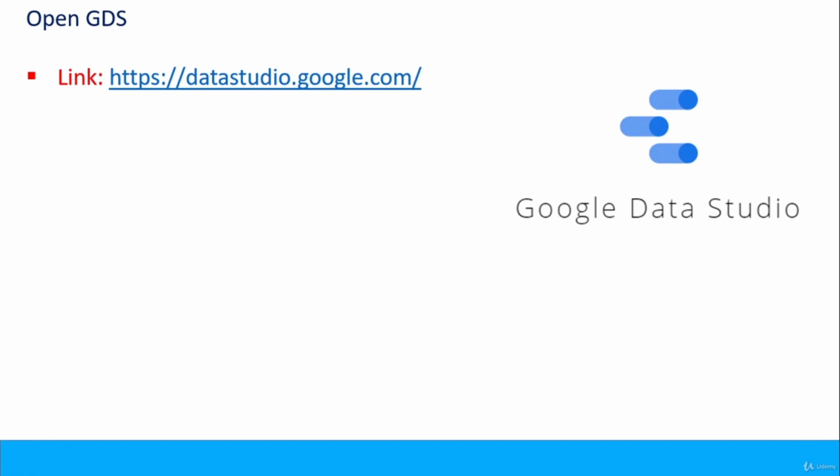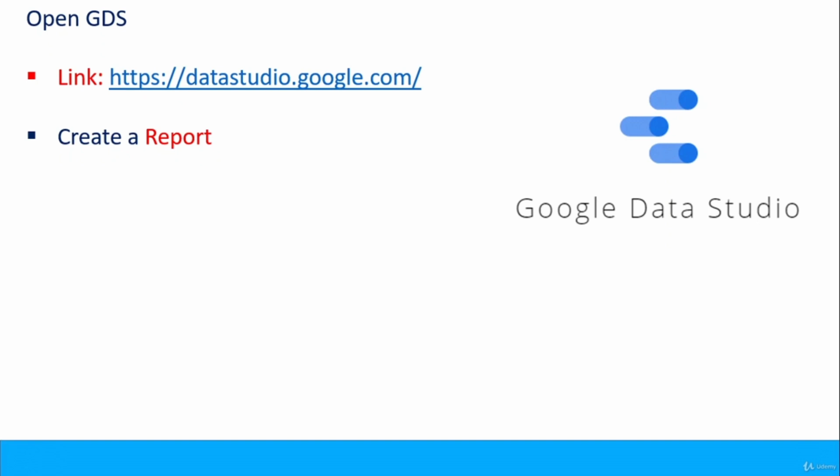Now, to start with Google Data Studio, we will be using the link datastudio.google.com, from where we can open Google Data Studio. We will have to log in using our Gmail account. Therein we will be creating the visual, which is finally called a Google Data Studio report. Finally you present a report to your client, or share or collaborate, or put that report into your client's website.